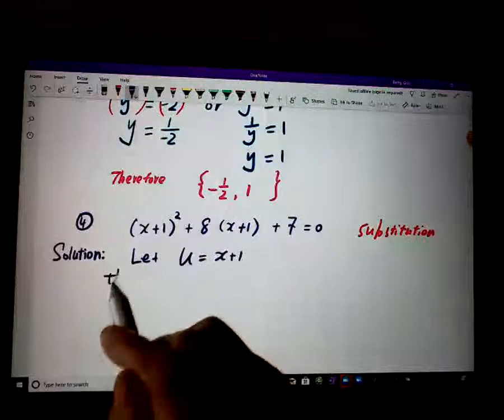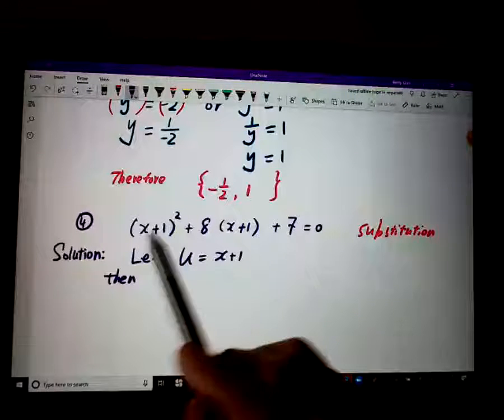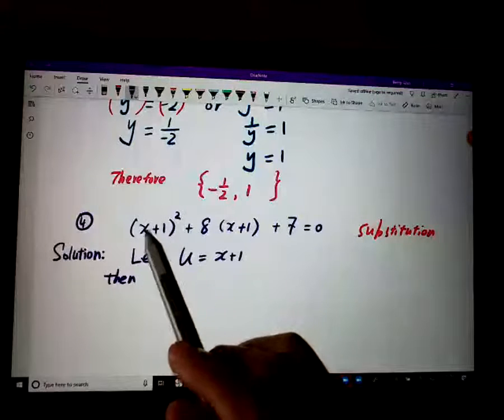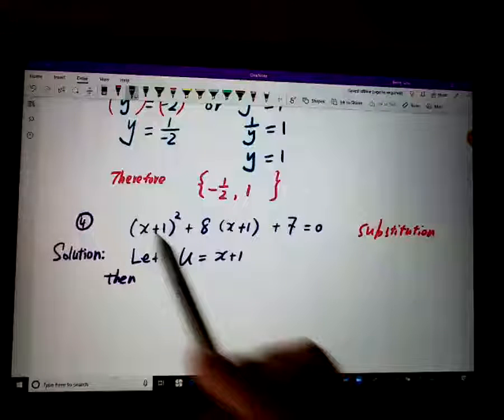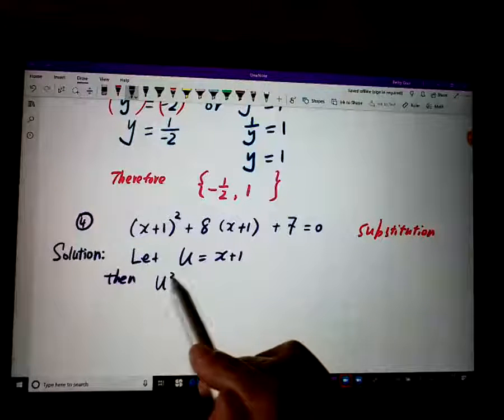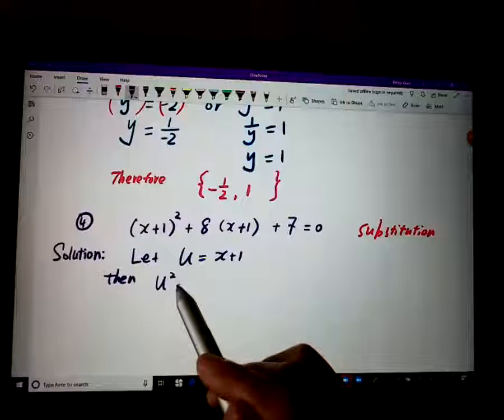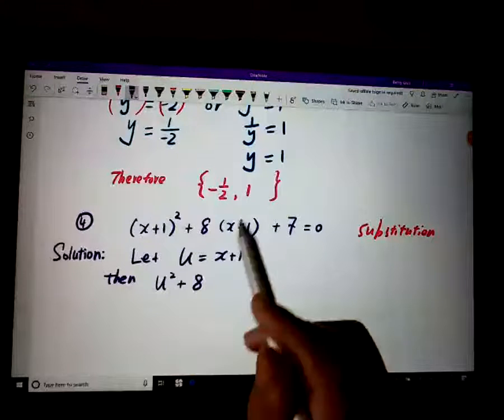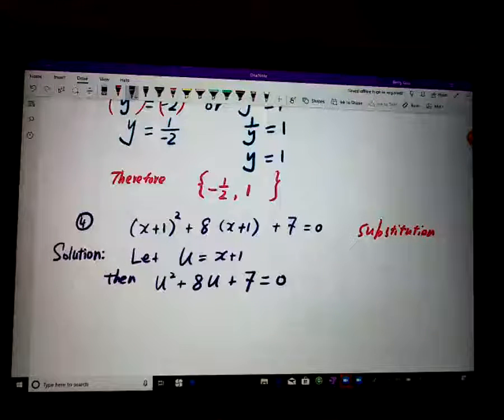Okay? Then the original equation could be written as, you see what is this here? Inside the parentheses, we have x plus 1. That is u. So the leading term actually is u squared. Copy plus, copy 8. When you see the parentheses, x plus 1, copy equal, copy 0.